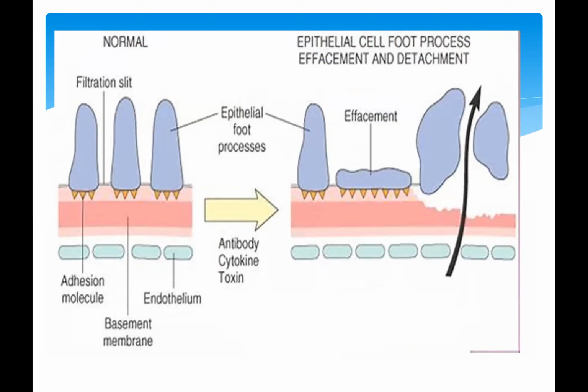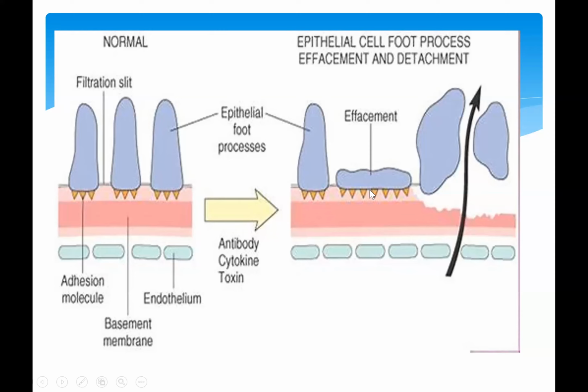The postulated sequence is that antibodies specific to epithelial cell antigens, toxins, and cytokines cause cell injury. So when this happens, as you can see here, it tends to be flat or effaced.